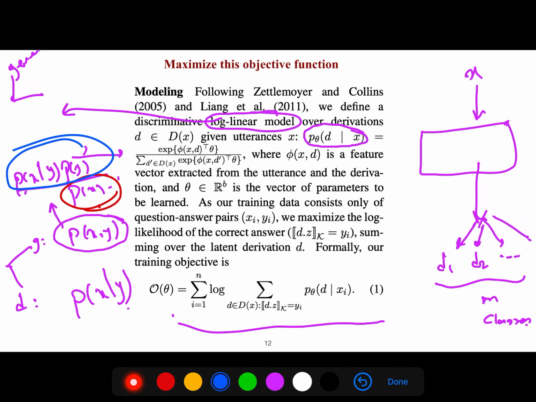But if you just use this discriminative model, you just need the conditional probability. We all know those beautiful softmax can do anything.